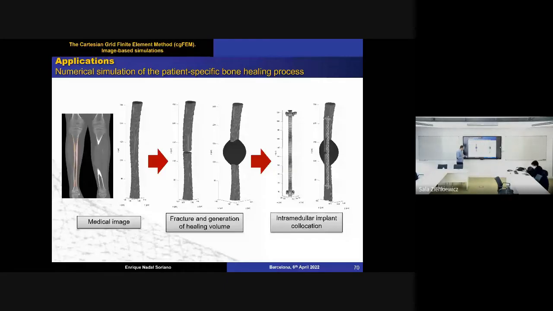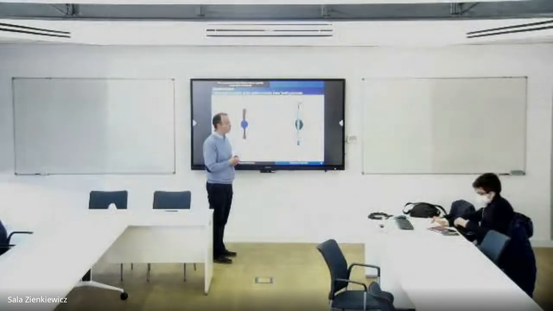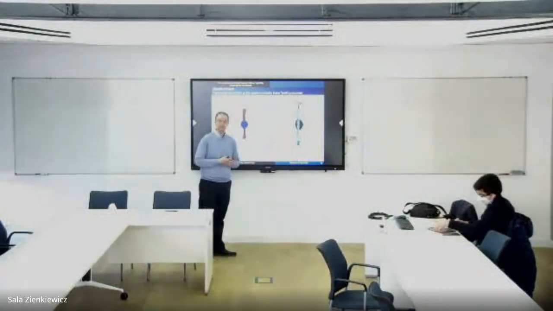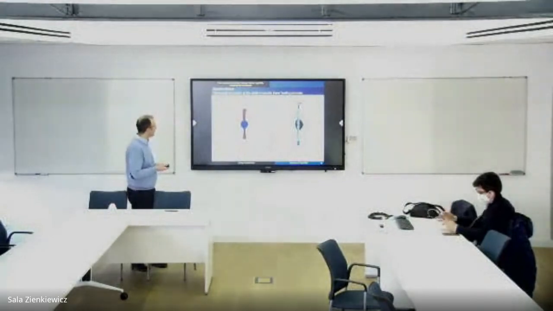In this case, we apply the loads, for instance, the physiological loads of the patient, and we want to see how the callus is generated in time.